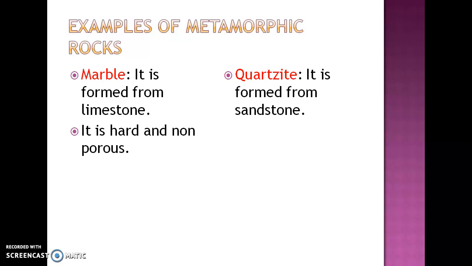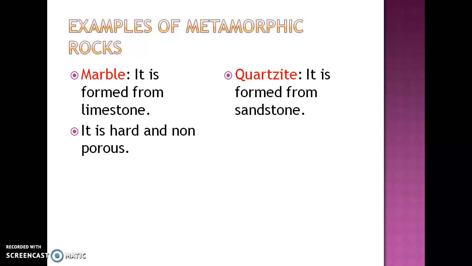And what is the characteristic? It is hard and it is non-porous. When I say it's non-porous, that means there are no gaps in between the marble particles. The second example is quartzite. Quartzite is also a metamorphic rock that is formed from sandstone. What is happening in sandstone?